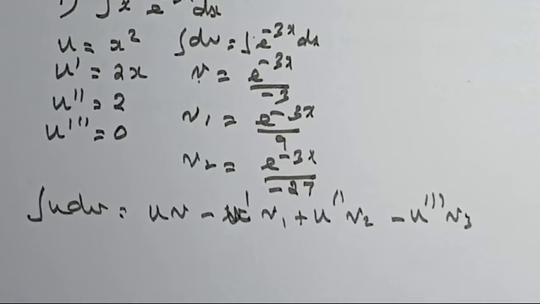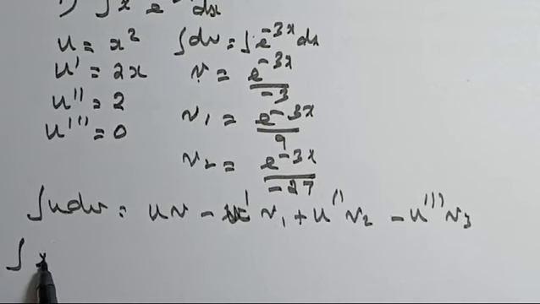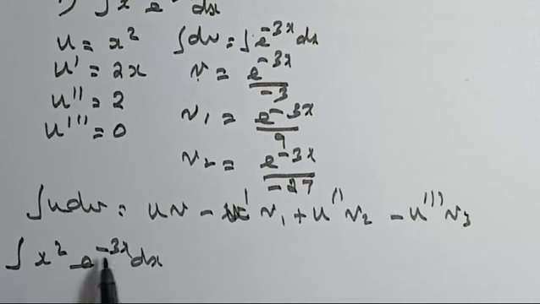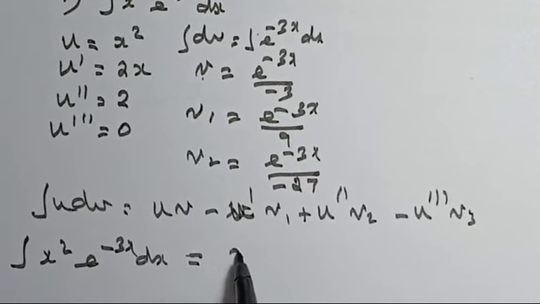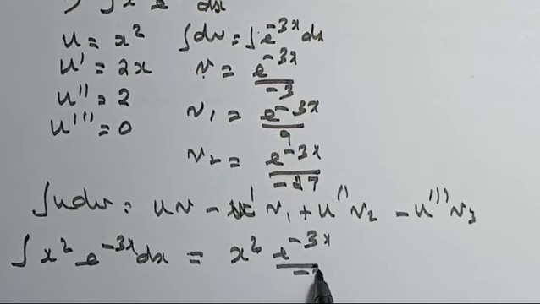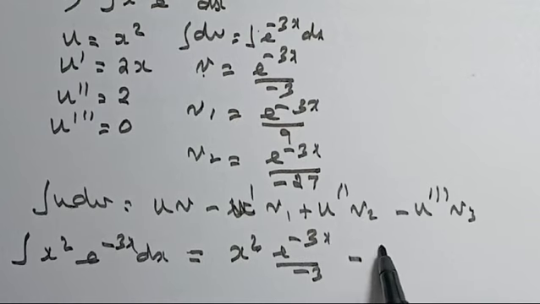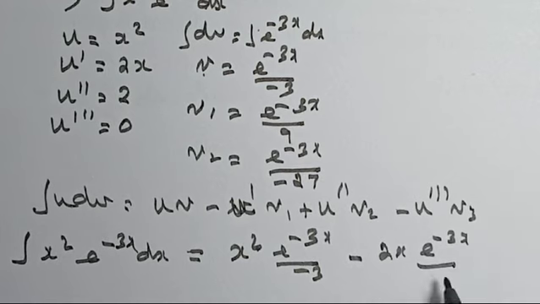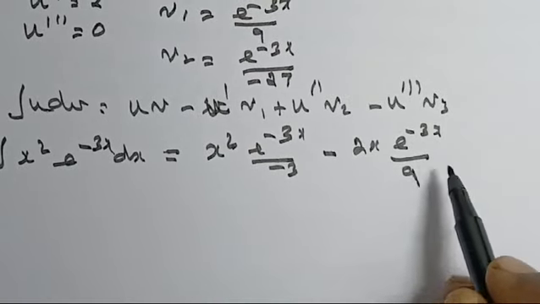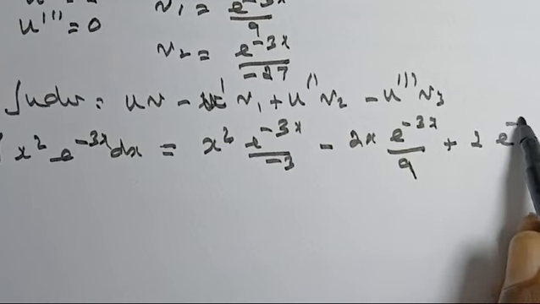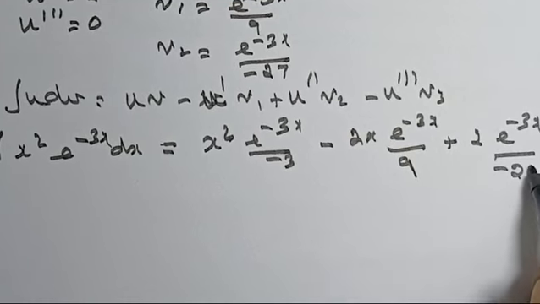That's all. Now this is equal to u is x squared, dv is e power minus 3x dx. By the given formula, the problem equals: u is x squared, v is e power minus 3x by minus 3, minus u dash is 2x, v1 is e power minus 3x by 9, plus u double dash is 2, v2 is e power minus 3x by minus 27, isn't it?